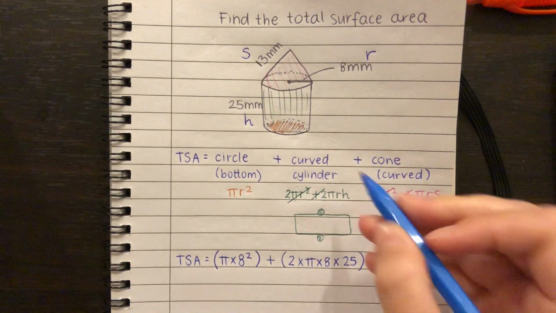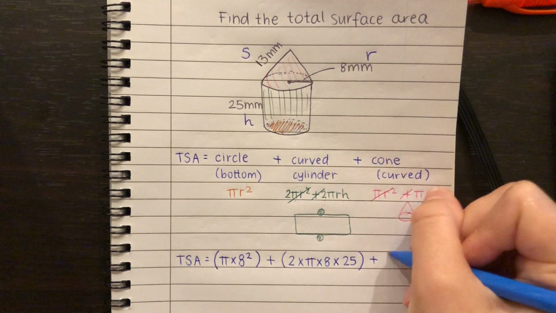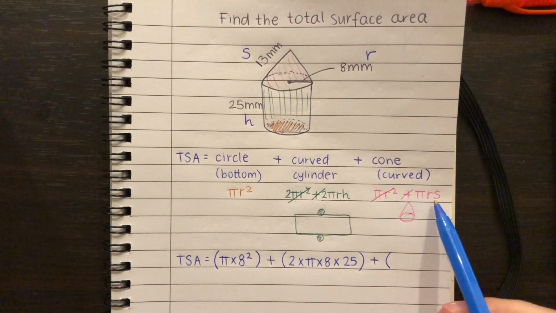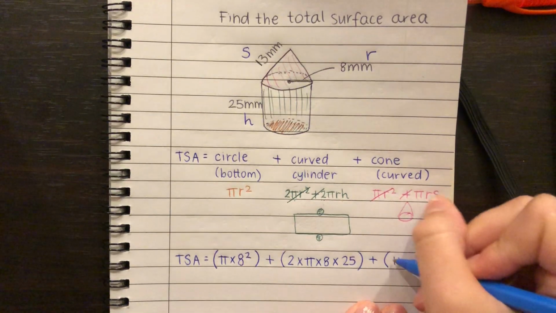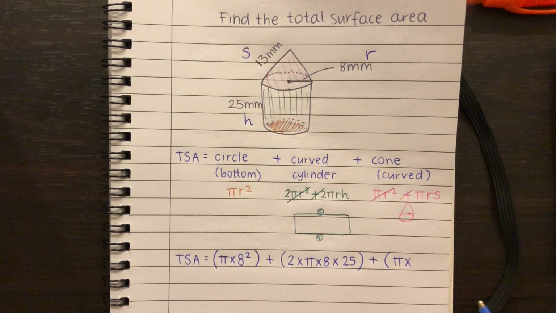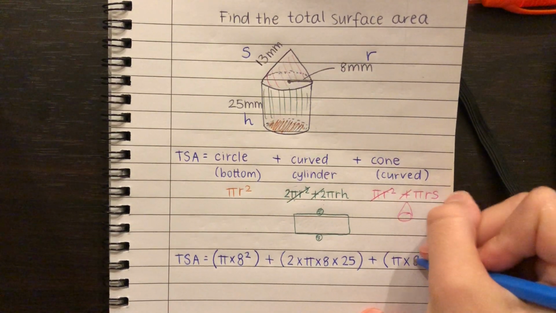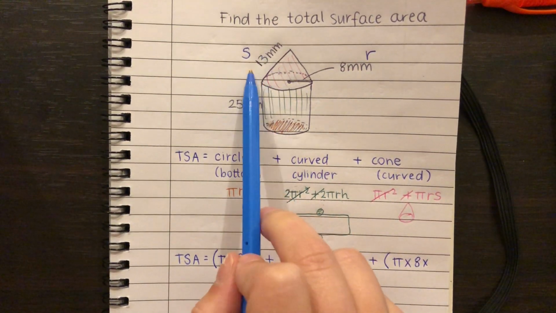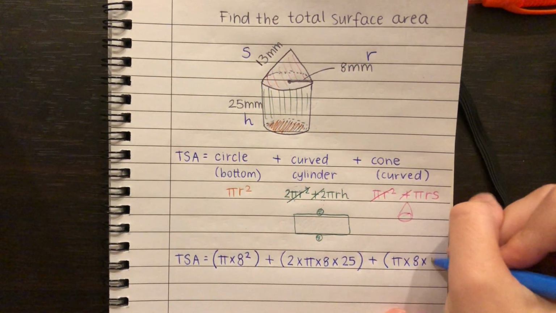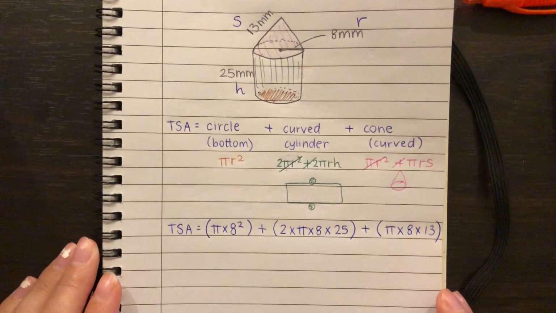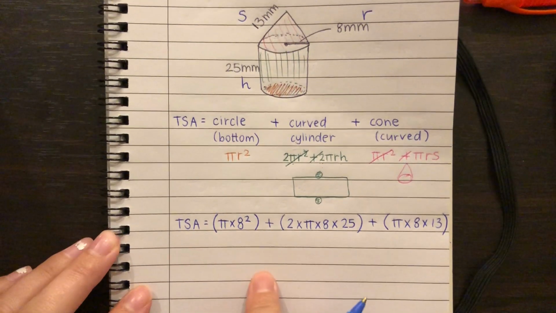Bracket, plus, lucky last, the cone. So the cone is pi rs. So pi times radius, which is 8, times the slant, which is 13. Closed bracket.